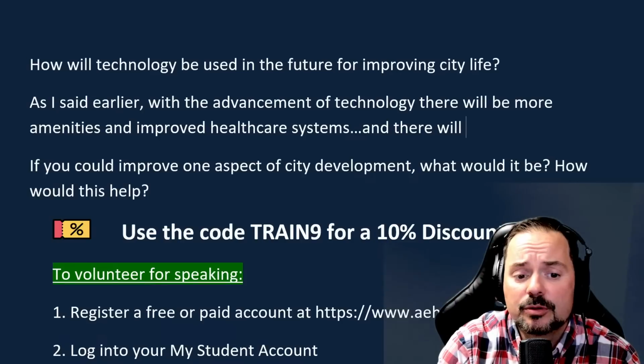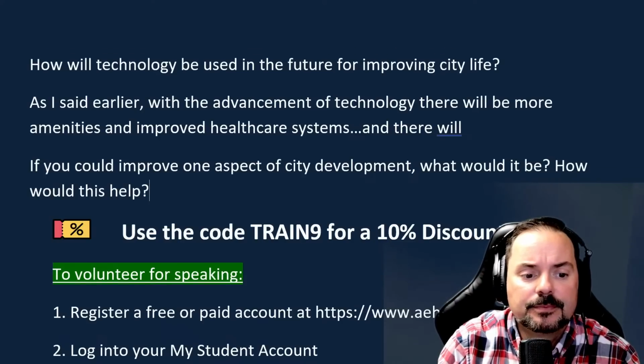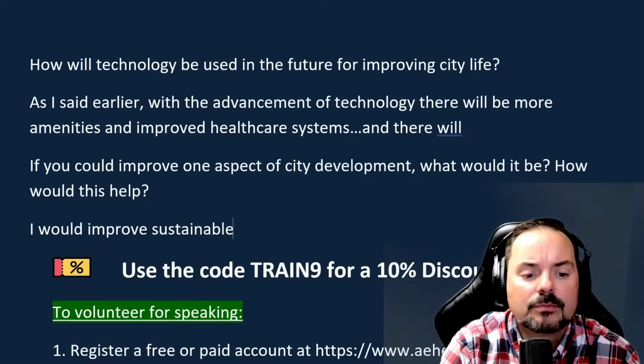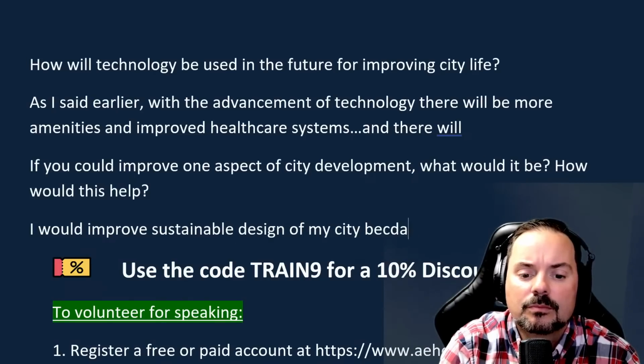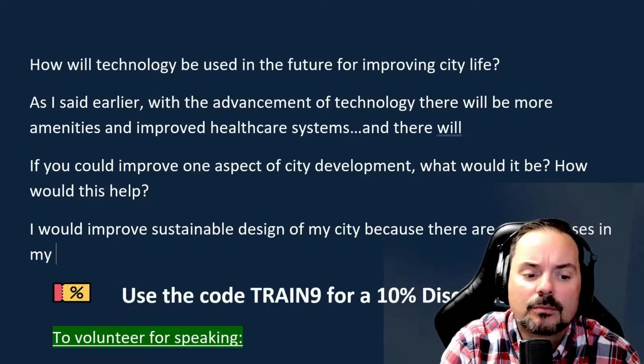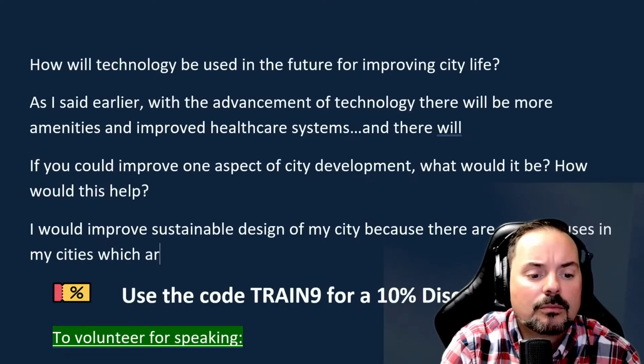If you could improve one aspect of city development, what would it be? I would improve the sustainable design of my city, because there are many houses in my city which are highly vulnerable to earthquakes. Therefore, I would take precautions and tackle this issue.